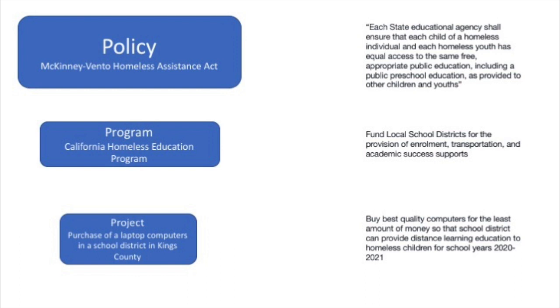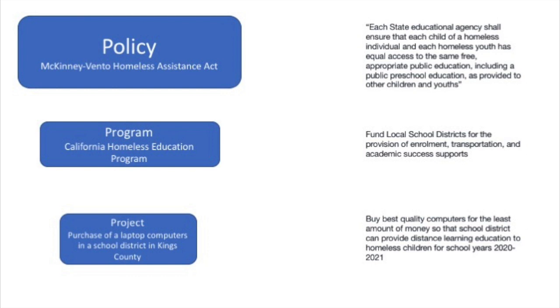That's what they do. That's what the program has. It has a set of activities set out to accomplish this goal, that every homeless child gets access to transportation, access to a school, and access to supports to be successful in school. Now, that's the program that the state has. Each district has their own programs.